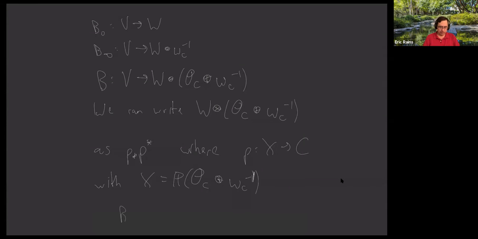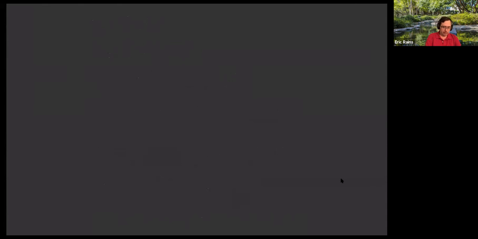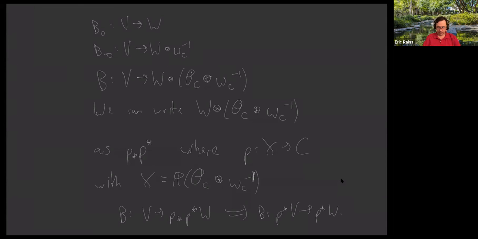And so we can write this now as B going from V to rho lower star, rho upper star, W. But by adjunction, you can think of this as a map from rho upper star of V to rho upper star of W. Okay. So now we're closer. We actually have something on a surface. Okay. So, sorry, this is not quite right.